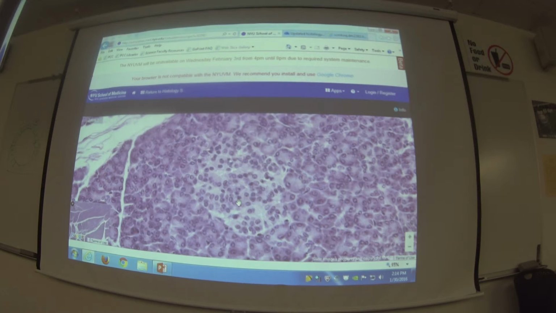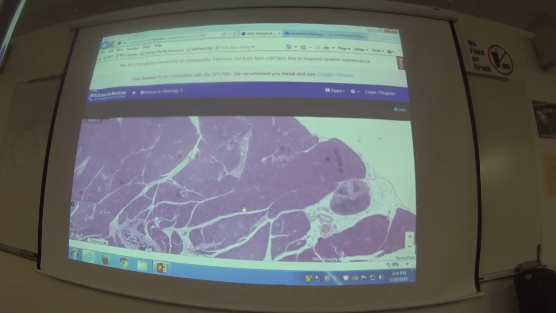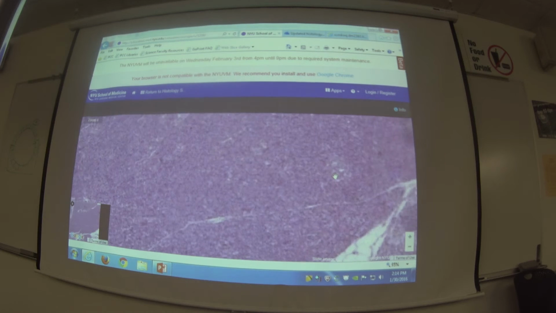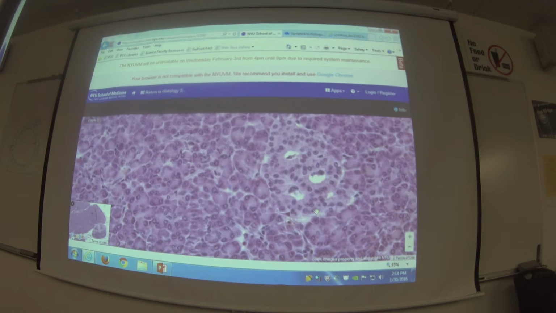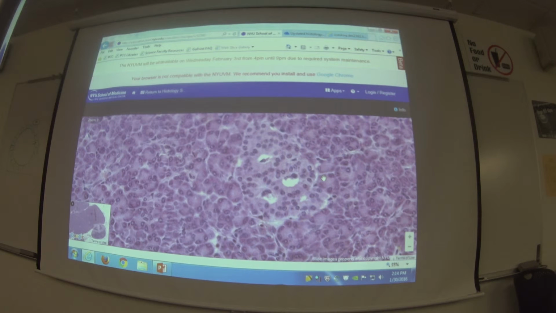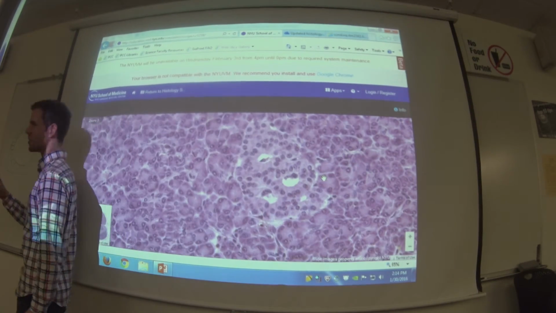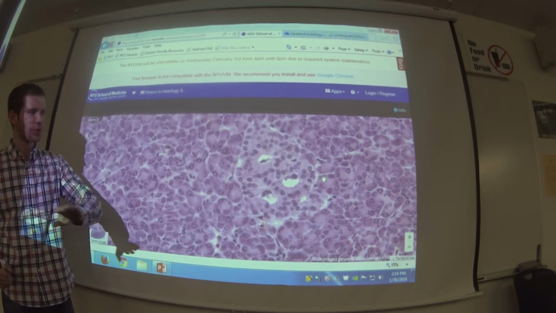So as long as you're comfortable with zooming out first and finding some bleached regions, here's another one over here probably. Actually, I don't think that is one. Here's why. I would never give you this and ask, is this one or is it not? But just because you're going to do this when you look at it.